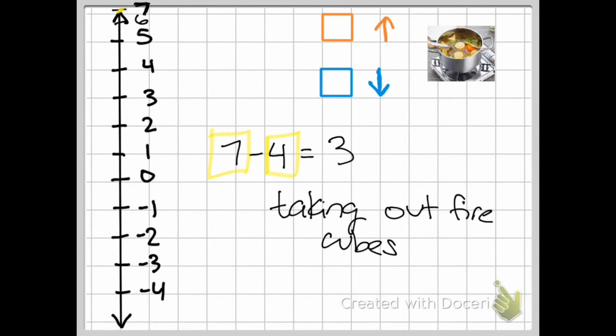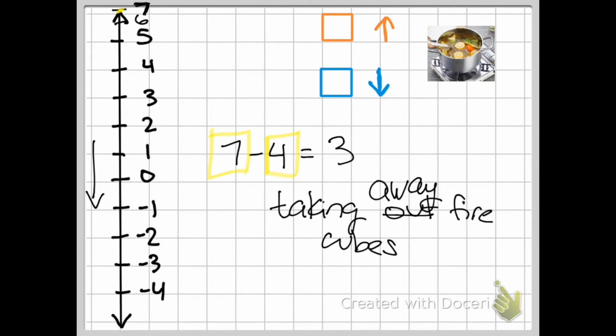So if adding a fire cube is going to increase my temperature and make it bigger, taking out fire cubes or taking away fire cubes is going to make my temperature go down.